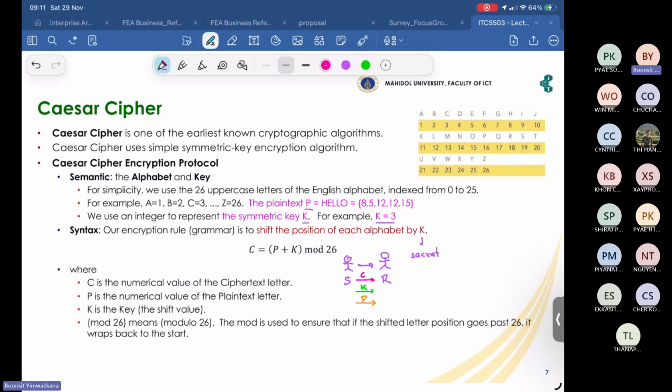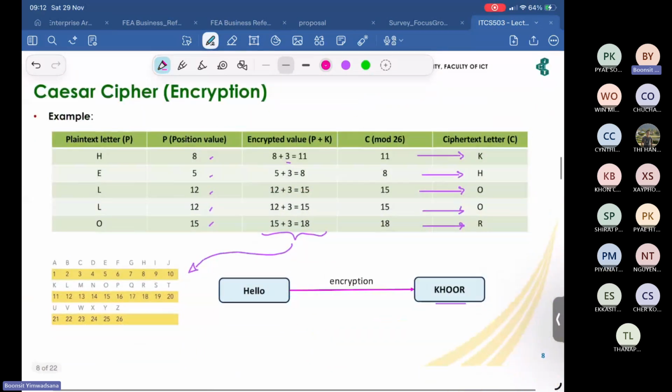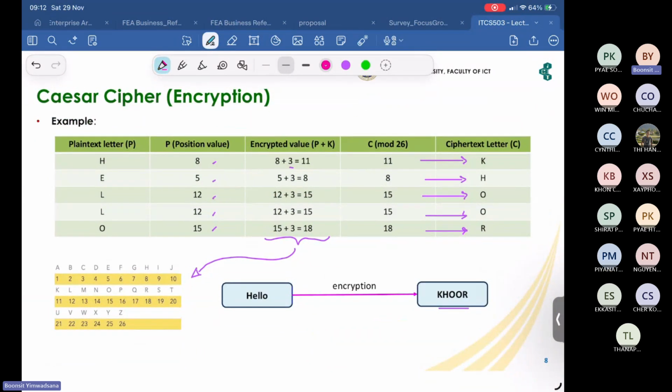So he said that any alphabet that is used will be shifted by some number k. In this case, he wants the value k to be 3.